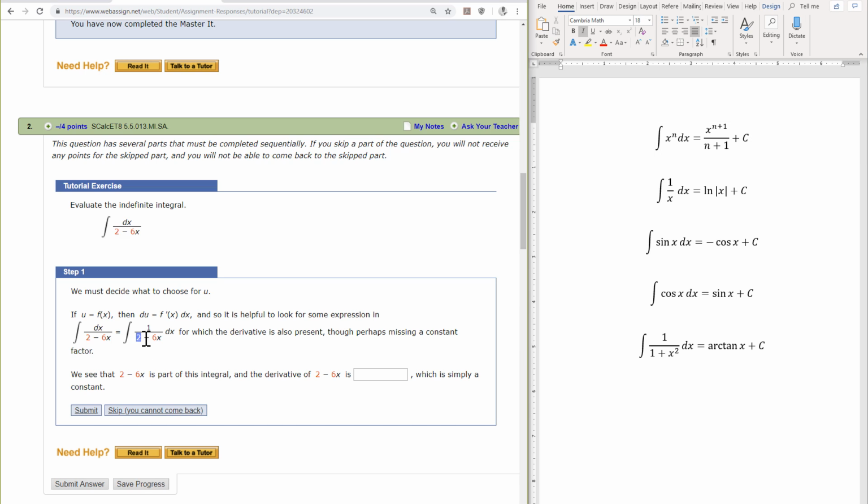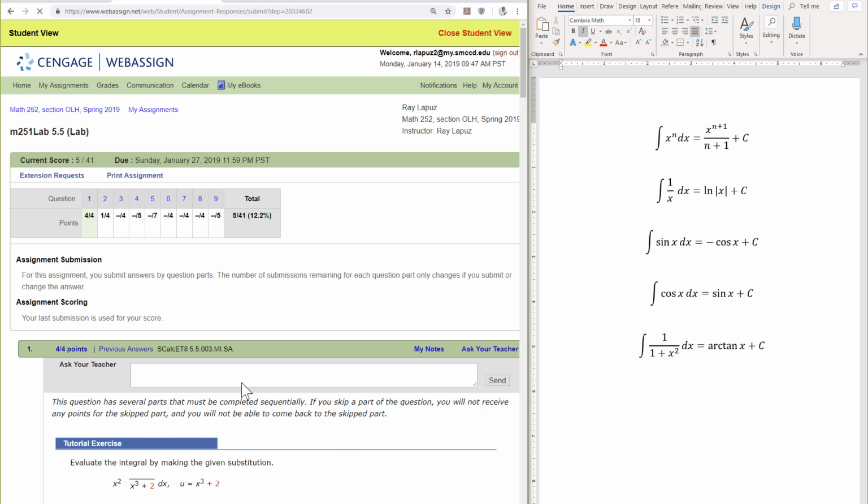So if we take a look at this linear function in the denominator, 2 minus 6x, the derivative is negative 6. And negative 6 is just a constant, so there are no other functions present to cancel, but that's okay because we have a negative 6 as a constant. The derivative of 2 minus 6x is simply a constant, and that's going to be okay for us.